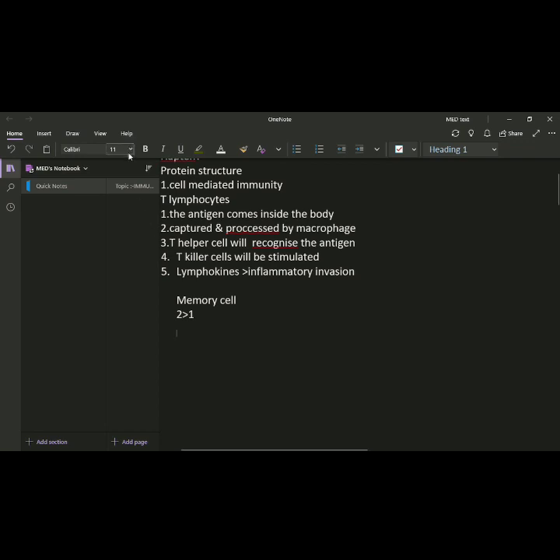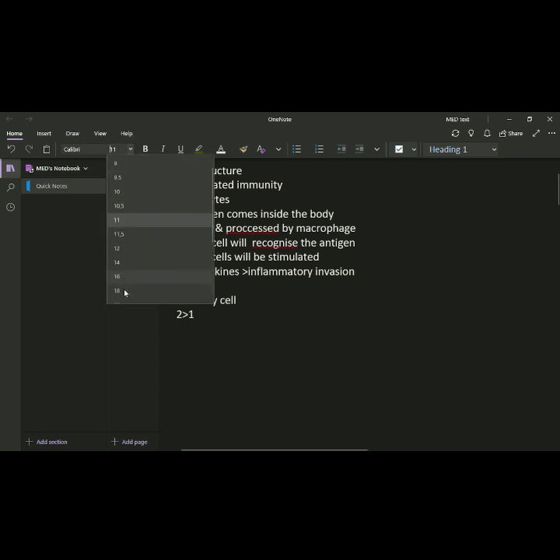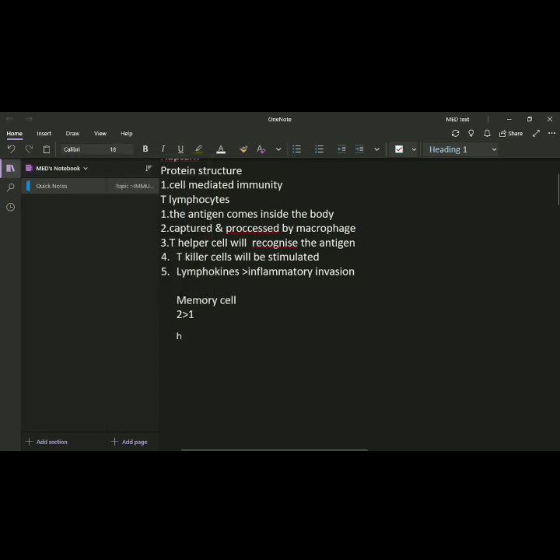Humoral immunity is mainly mediated by B lymphocytes. But certain other cells like the T lymphocyte also play their own roles. So let's see what happens.